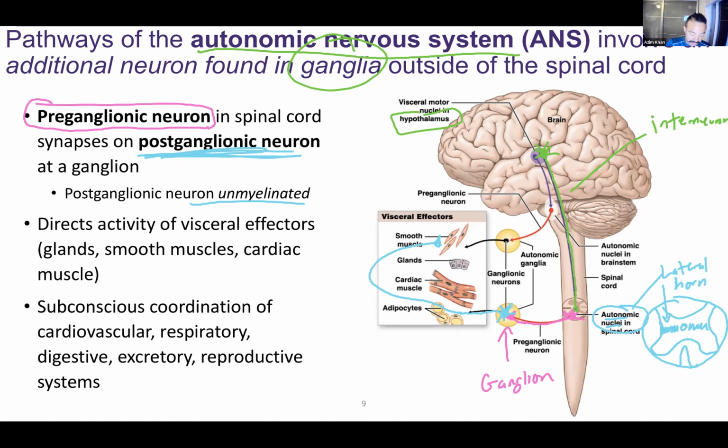We're controlling glands, we're controlling smooth muscle of all kinds of organs, we're controlling the heart, cardiac muscle. So we're regulating your cardiovascular activity, your respiratory activity, digestive, excretory, reproductive. Lots of different things in your body are regulated automatically, without thinking, subconsciously, by this autonomic nervous system, by this type of pathway that we're going to dive in deeper here in a second.